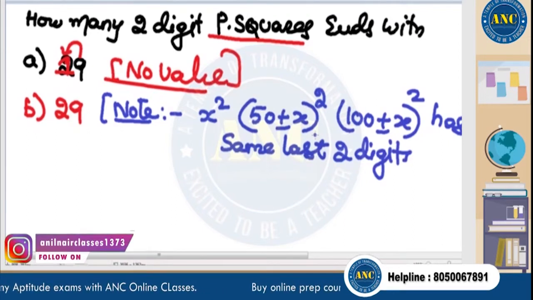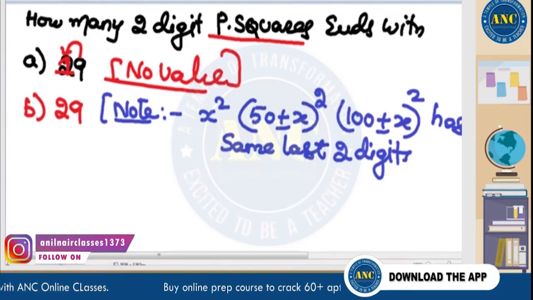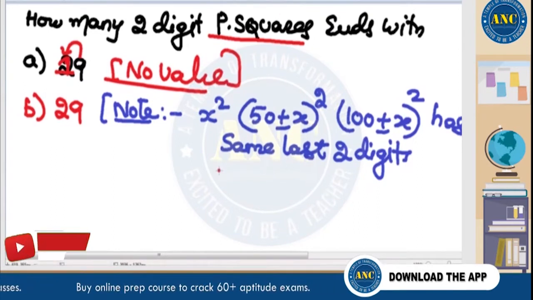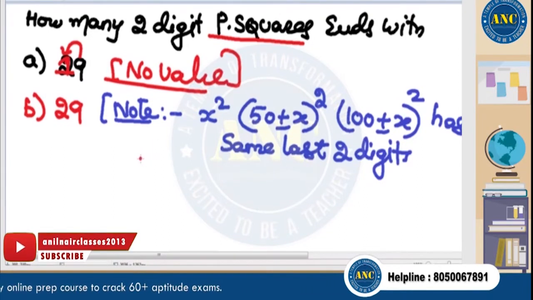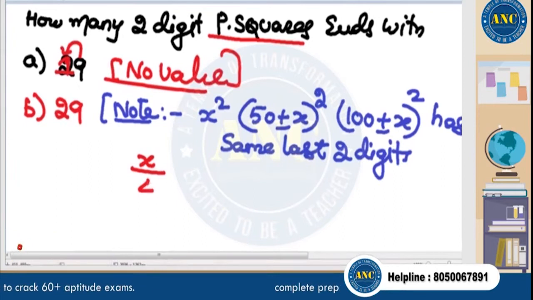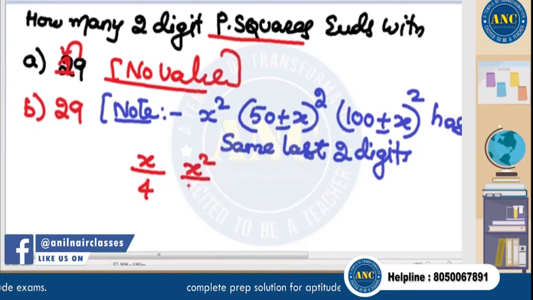x square, (50 plus or minus x) whole square, (100 plus or minus x) whole square have the same last 2 digits. For example, if x is 4, x square will become 16.